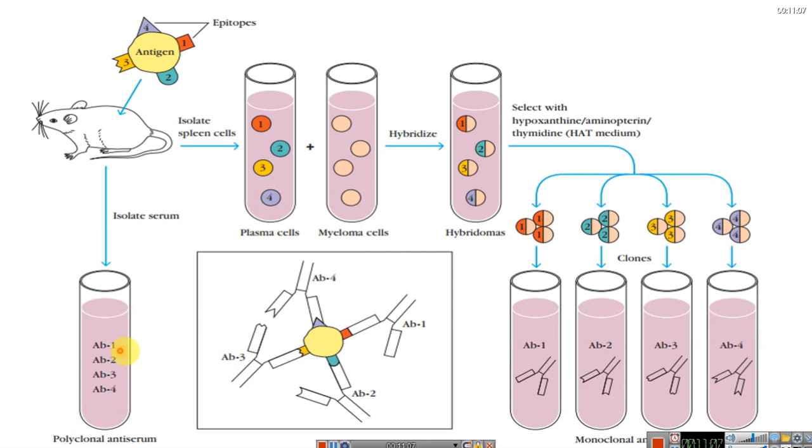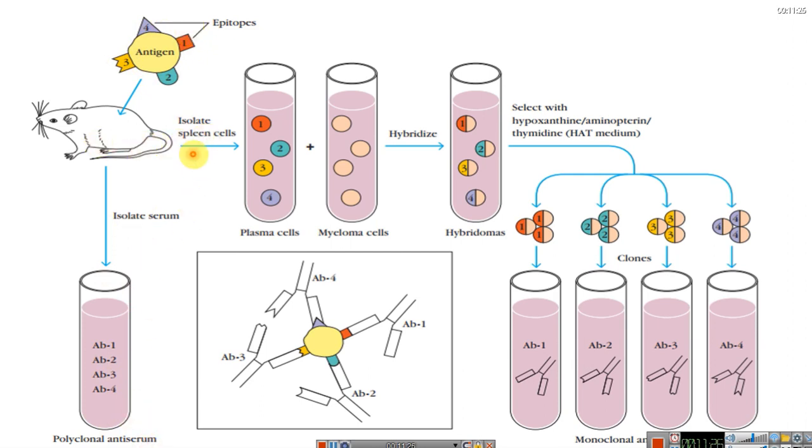Definitely, because antibody 1 is binding to epitope 1, its CDR or V region will differ from that of 2, 3, and 4, because they are binding to different epitopes, right? So their V regions will differ drastically in terms of their amino acid sequence.